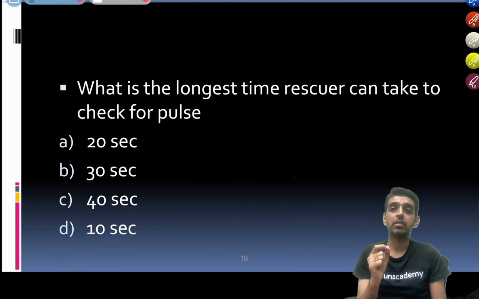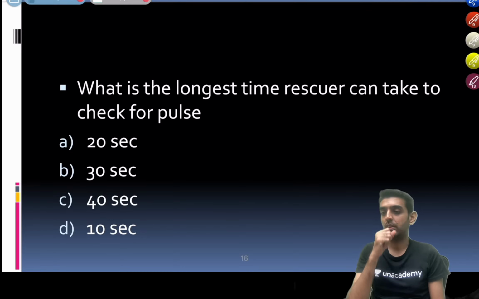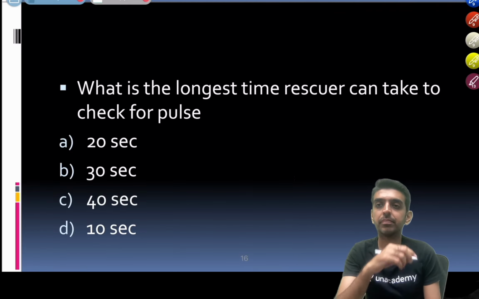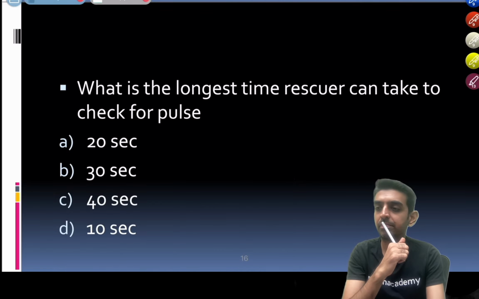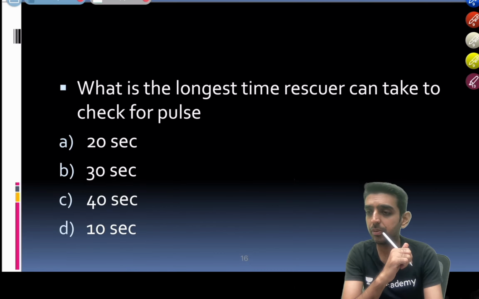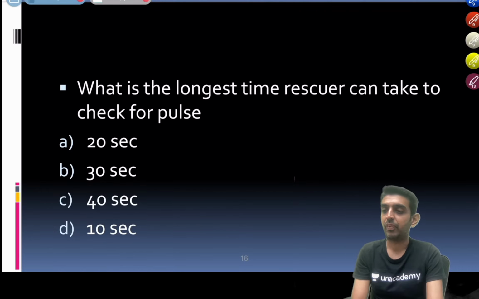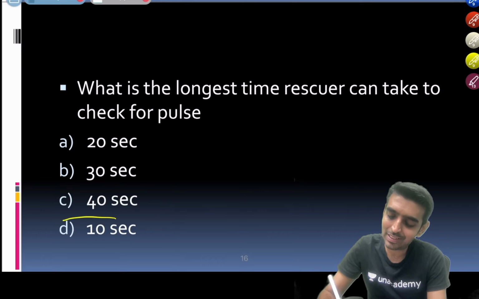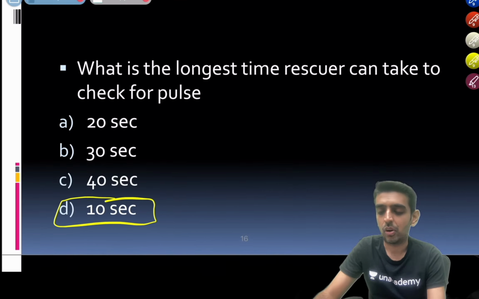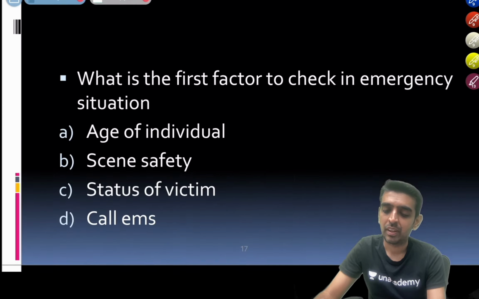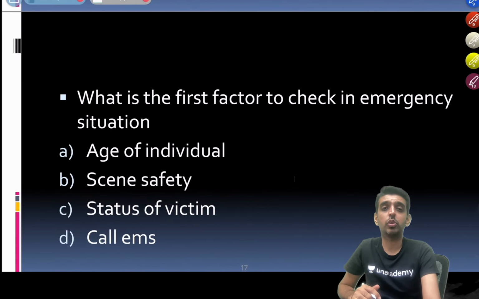Option D, 10 seconds. Option D, Pistachio, Kartiga, Nissi, Baljinder, PK, Shilpa, right? Everybody is telling option D, that is 10 seconds. Alright, let us move on to the next question so that we will be able to solve all these questions together.